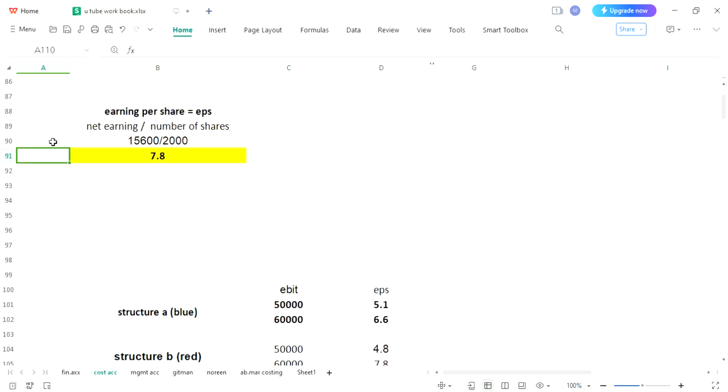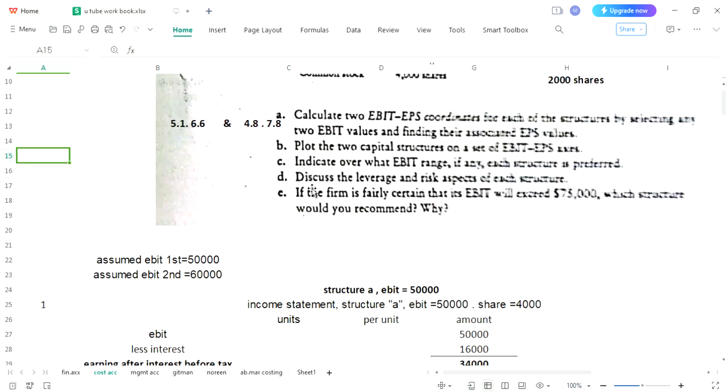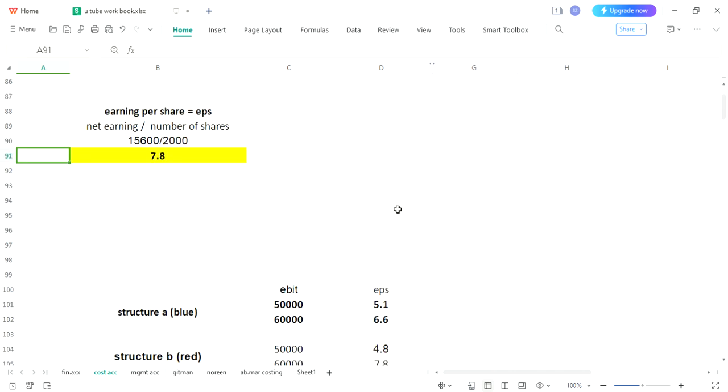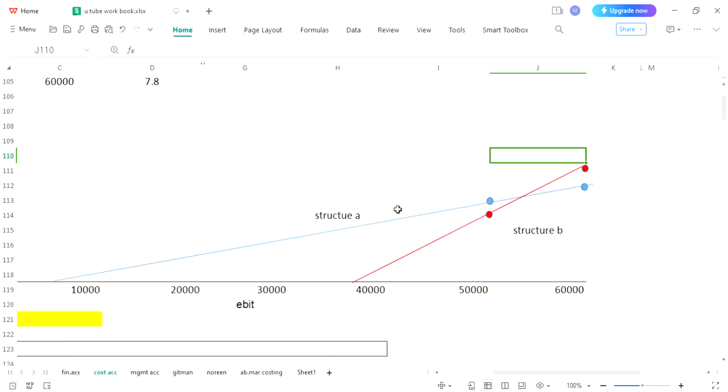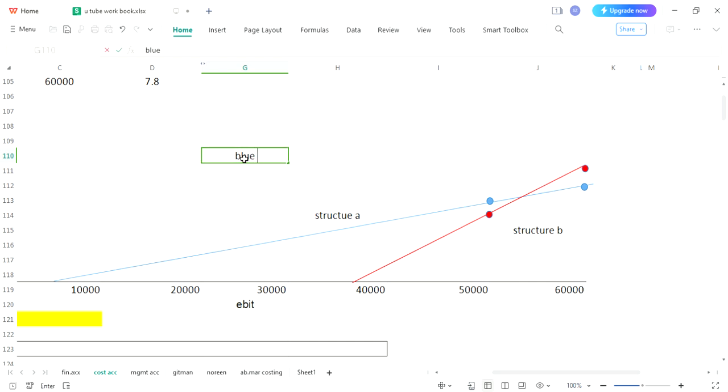So get back to the question. If the firm is fairly certain that its EBIT will exceed 75,000, which structure would you recommend? Okay, for this, let's go to the graph. Both of them are having different shapes. Blue is flatter and red is steeper.